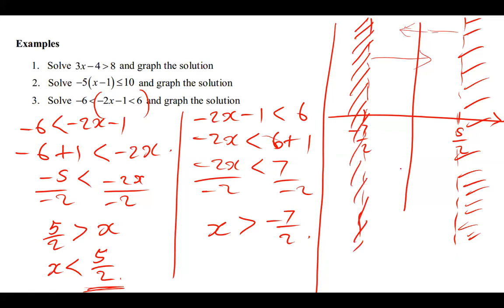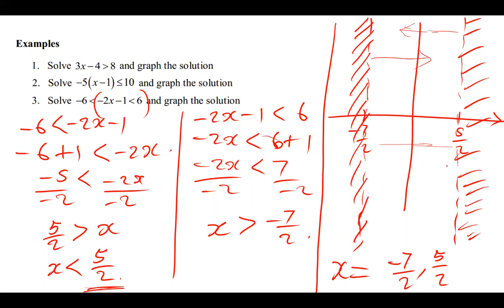So from this sketch or from this shading, you can even get the solution set in short. So the solution set for this one, we can say x is equal to numbers between -7/2 and 5/2.